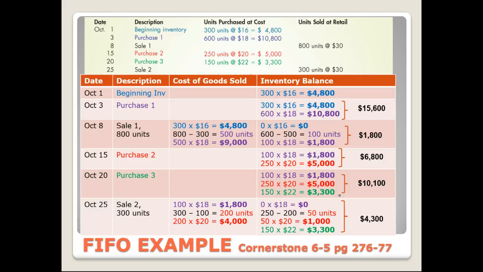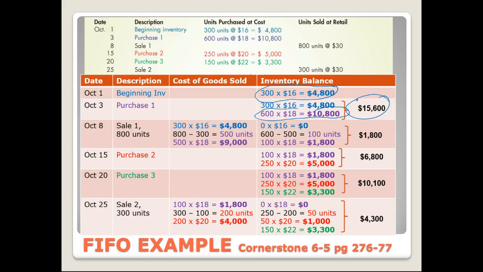Now let's look at that all nicely color-coded. We started with beginning inventory of 300 units at $16 a unit, $4,800 in inventory. Then we added 600 more units at $18. So we had a total of $15,600 in inventory.